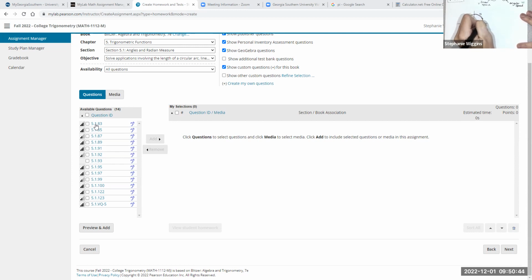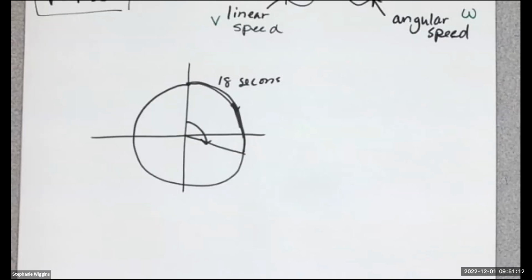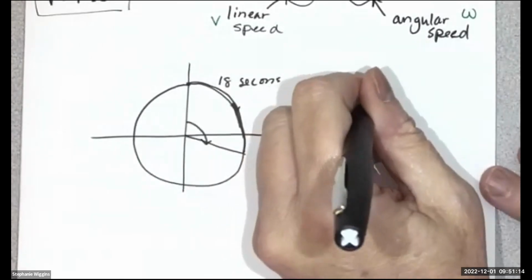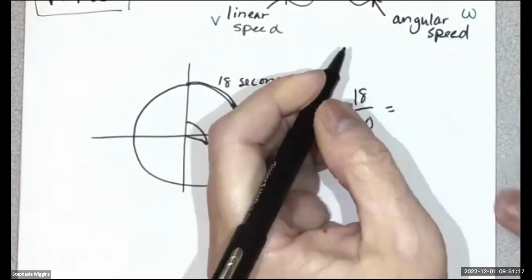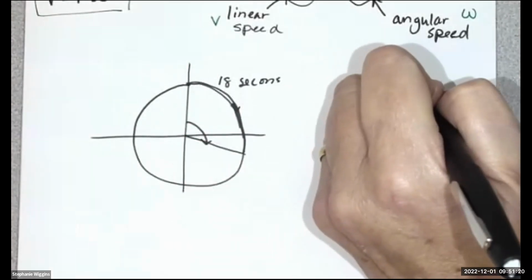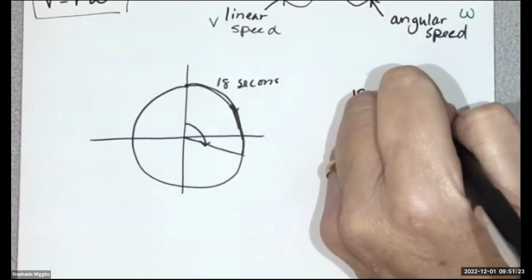Actually, it's going to go past right about here. And if you look at the relationship between 18 seconds, think of it as 18 over 60, which is going to be 3 over 10.